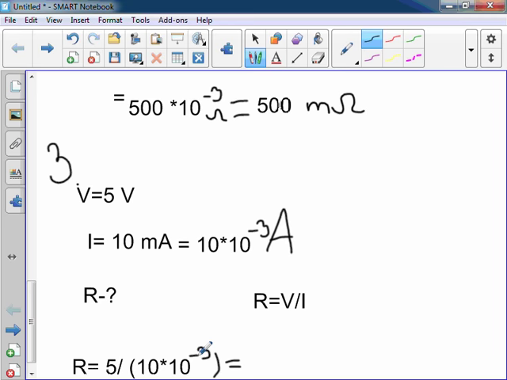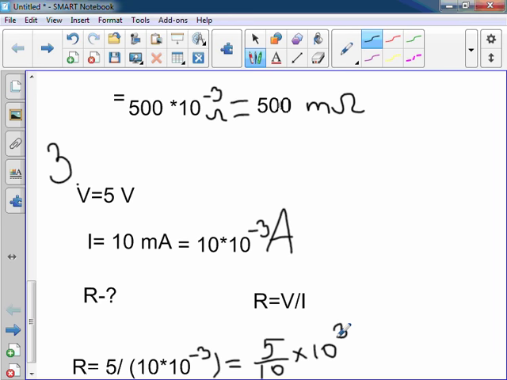Remember, when you have a negative power, you can change it to a positive power if you go from denominator to numerator or vice versa. So I'm going to have an expression of 5 divided by 10 times 10 to the third. Don't forget to change the sign of your power when you switch it from denominator to numerator.